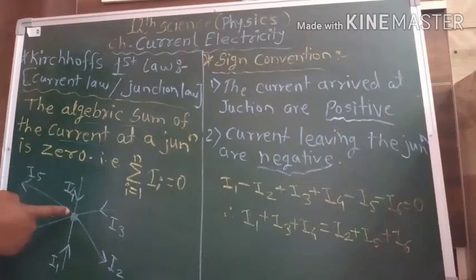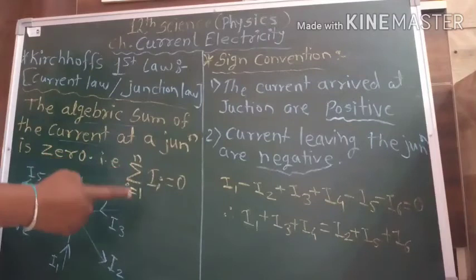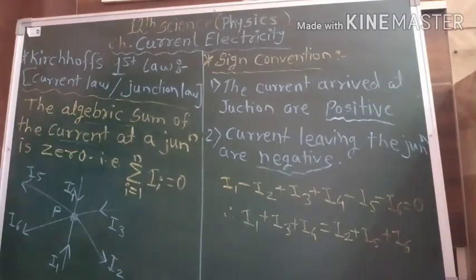I4 is towards the junction. I5 is away from the junction, and I6 is also away from the junction. It is leaving through the junction point P. Then the summation of all these currents, I1, I2, I3, I4, I5 and I6, is equal to 0. That is Kirchhoff's first law, the current law or junction law.